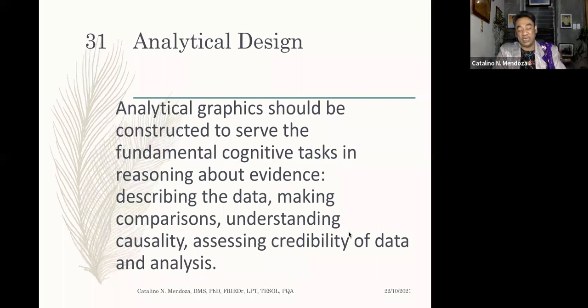As what I've said in the presentation of the topics to be discussed today, based on the identified qualitative research designs, analytical has something to do with the pros and the cons, the cause and the effect, the reasons, etc. So it describes the data, making comparisons, understanding causality, assessing credibility of data, and analysis. That's analytical design.